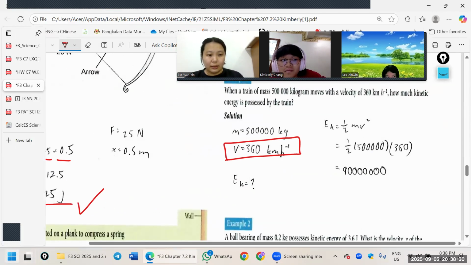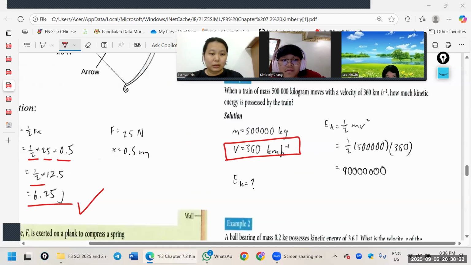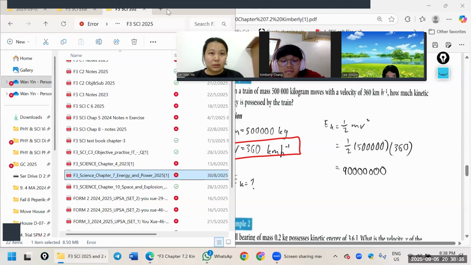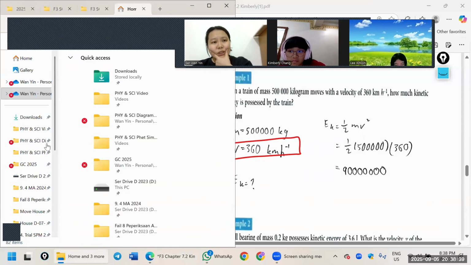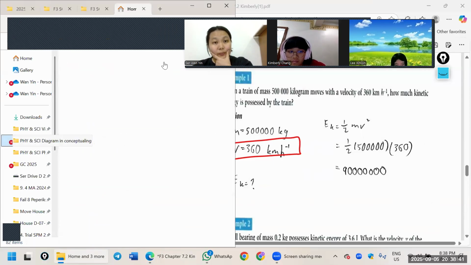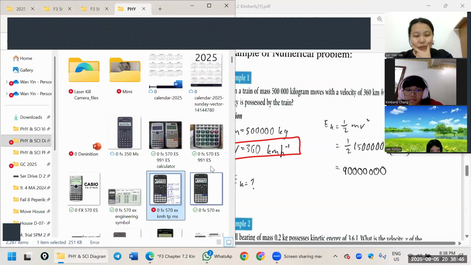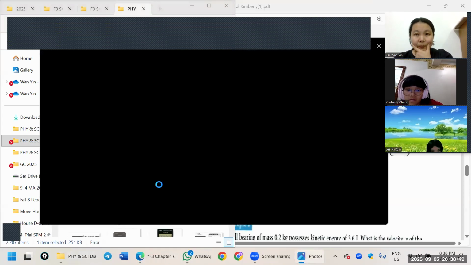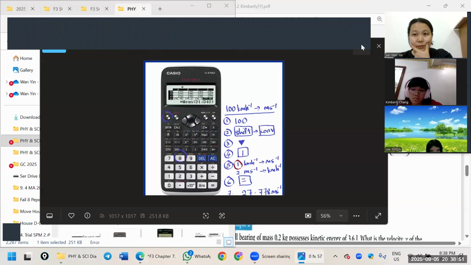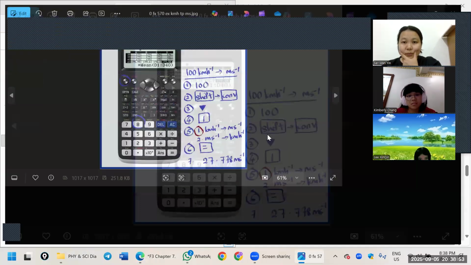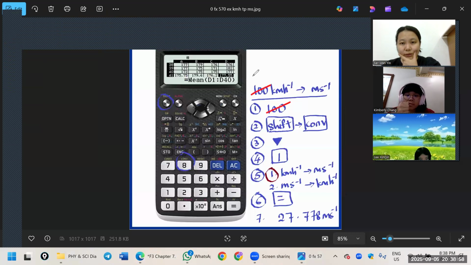Your calculator would be like this. 应该买一架 calculator，但是我有了，还没有线了。这边 first you press 360.